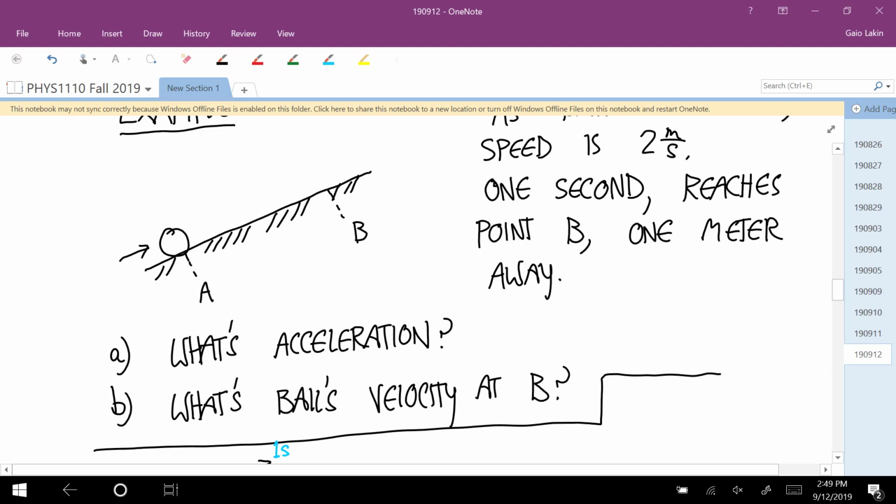Our acceleration was this way. That physically is what happens. You know, the velocity is this way, the acceleration is this way. So now that we have our positive direction down the ramp, that velocity that's up the ramp is going to be negative. Okay, it's still slowing down.